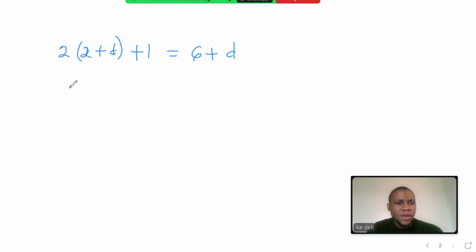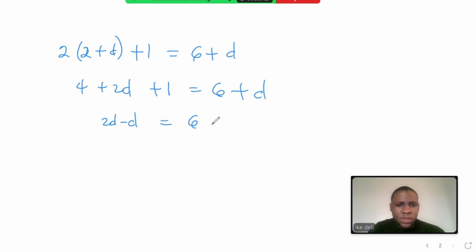Okay, so now that would mean 2 times 2 is 4 plus 2D plus 1 equals 6 plus D. Okay, and that would mean 2D minus D would be equal to 6 minus 4 minus 1. And that would mean that D will be equal to 6 minus 4 is 2, 2 minus 1 is 1. Alright, so let's just ensure that that is correct, and it is.